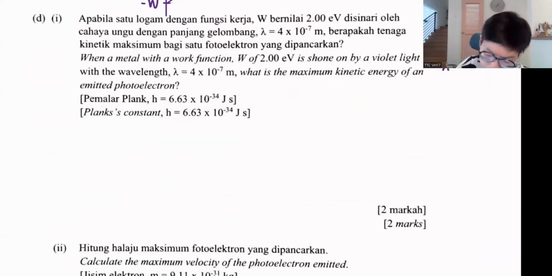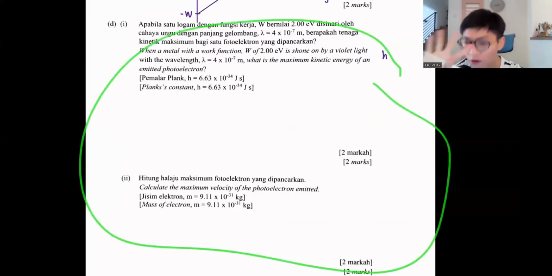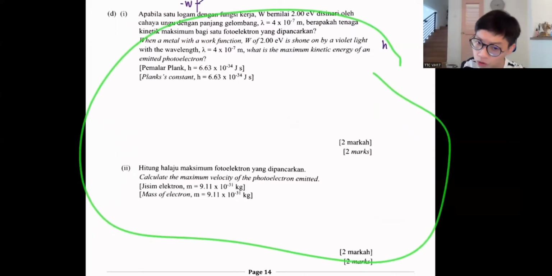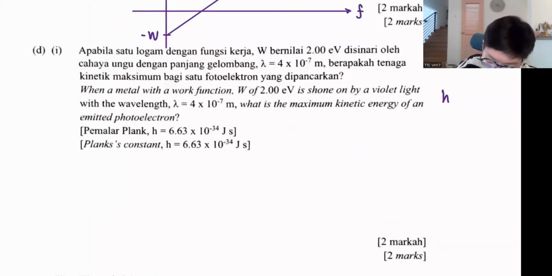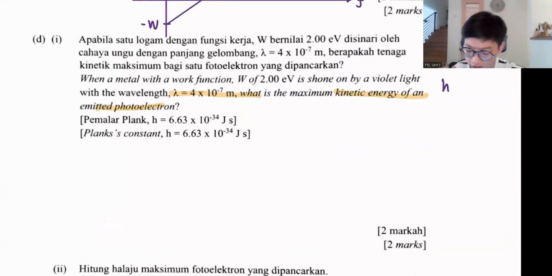Now, if you look at this question, it's a package. It is 4 marks. So if this comes out, usually they will come out together. So you have to understand how this thing works. We see here, when there's a metal with a work function, what is the maximum kinetic energy of the emitted photoelectron?